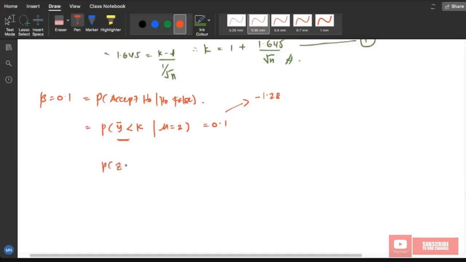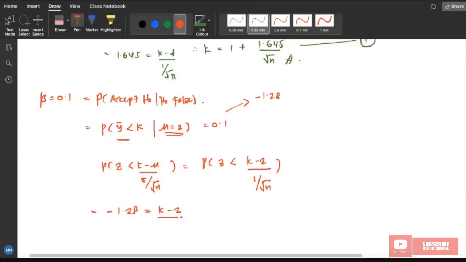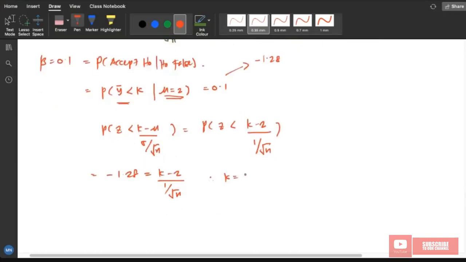So this one should be Z equals (K minus mu) over sigma over square root of N. This is the probability of Z less than (K minus 2) because mu is equal to 2 and sigma is 1 over square root of N. So if we take this one only, negative 1.28 equals (K minus 2) over 1 over square root of N. Right? So then K is equal to negative 1.28 divided by square root of N plus 2. So this is going to be the second equation.